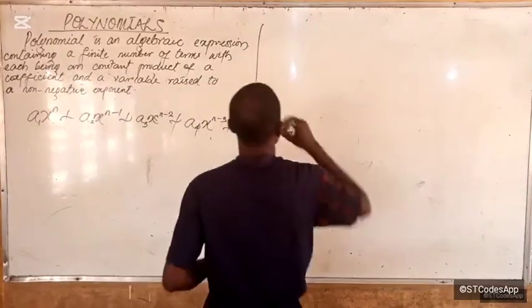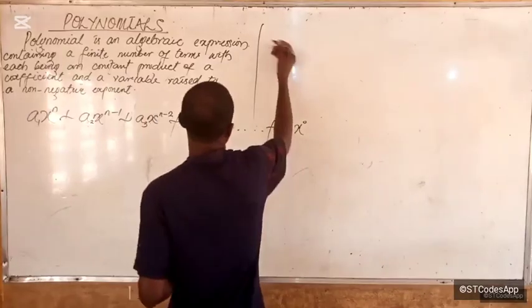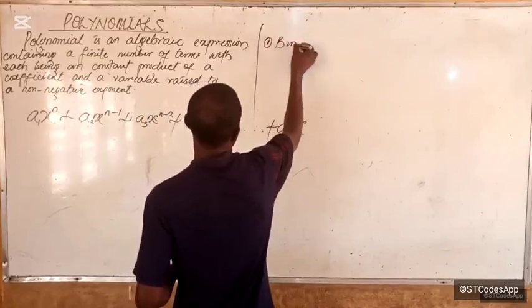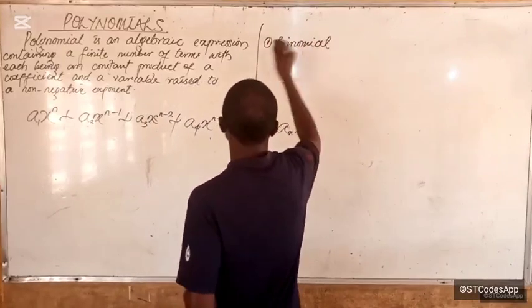All right, now a polynomial can be classified based on its number of terms. The simplest polynomial is known as the monomial, which contains one term. A monomial is x. The second is the binomial, which contains two terms.